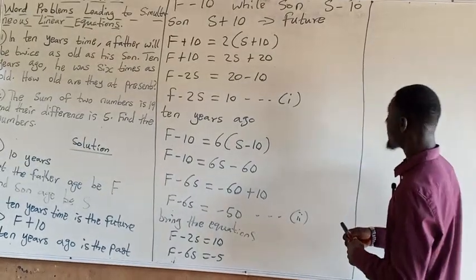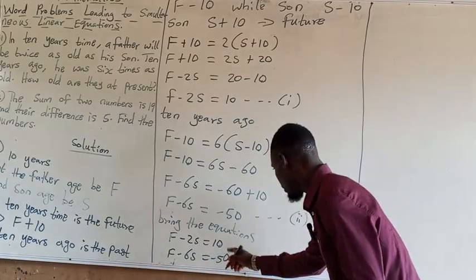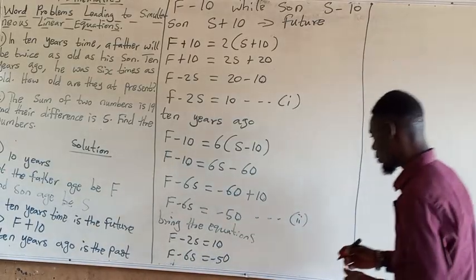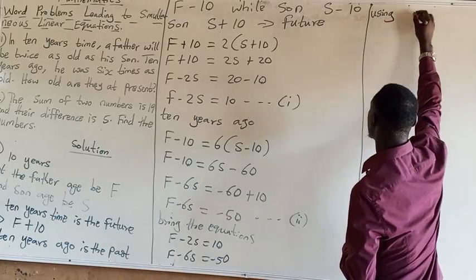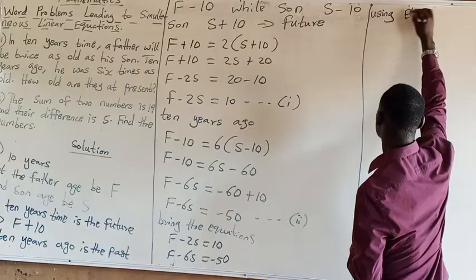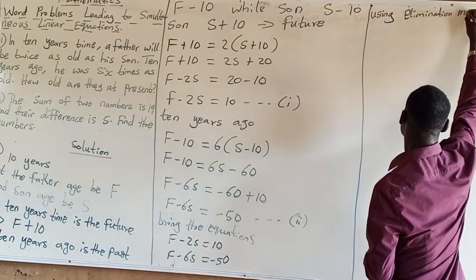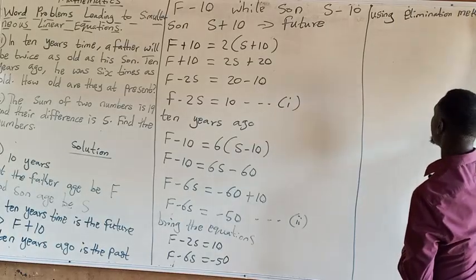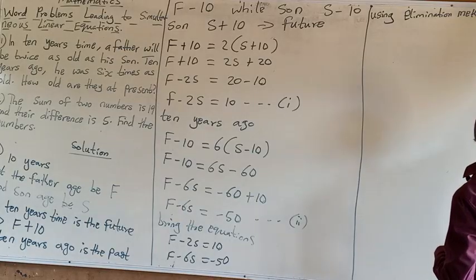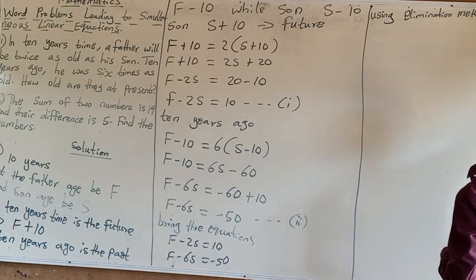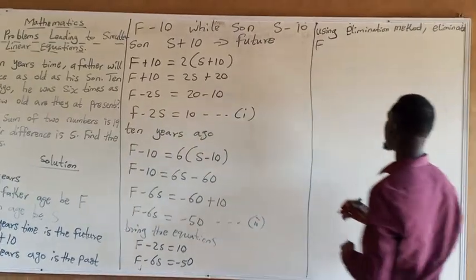Okay, this place should be 15, not 5. Thank you. Because why? Equation 2 now here. Using the elimination method, eliminate F. Okay?